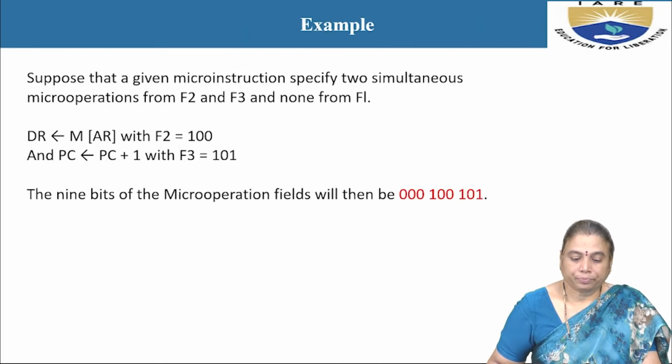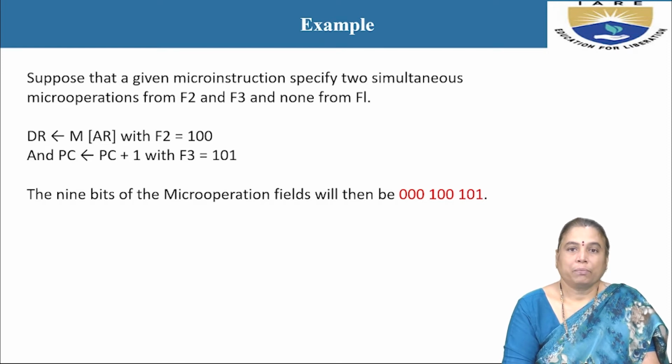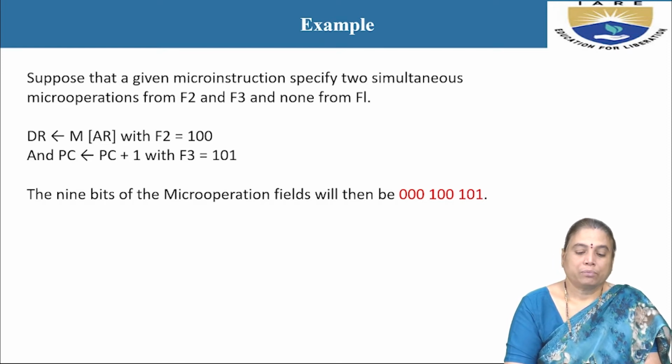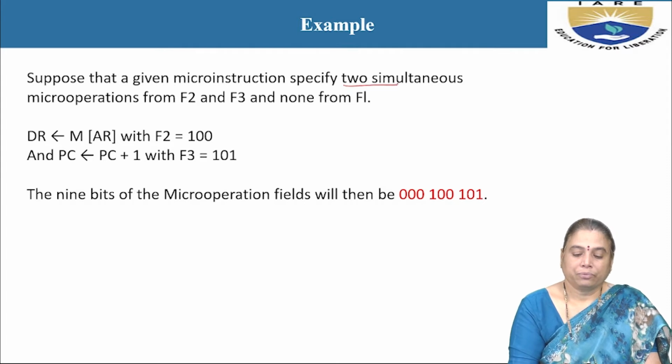Now, let us see how these F1, F2, F3 fields can specify the micro operations. Suppose that a given micro instruction specifies 2 simultaneous micro operations from F2 and F3 and none from F1.